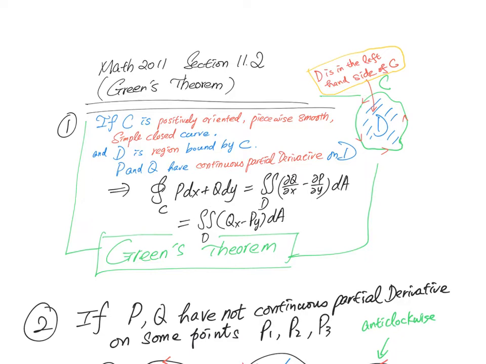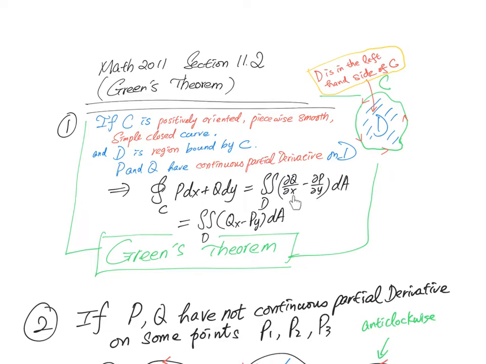This line integral, of course, we can consider as work done. It can be written in this form: the function in front of dy, this Q, take the x derivative, minus P, take the y derivative.